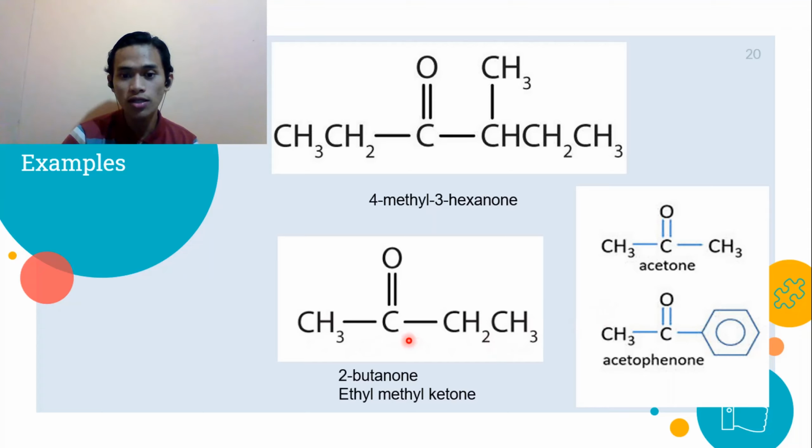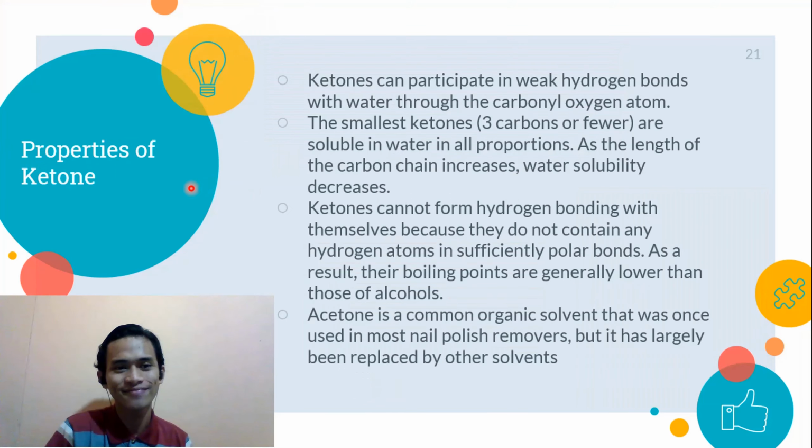So it should be 2, and the ketone or carbonyl group is in the second position, so it should be 2-butanone, or ethyl methyl ketone. This is ethyl, and this is methyl, and this is ketone. This is acetone, or as we know 2-propanone, and this is acetophenone.